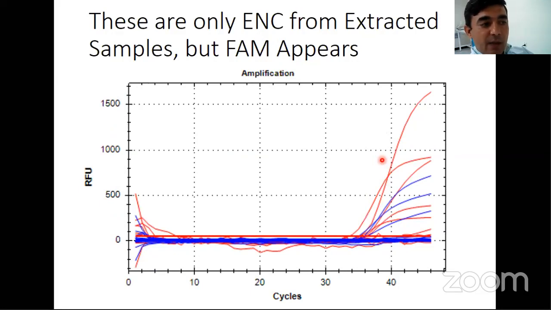Sometimes we only extract the ENC sample, meaning the extraction control is extracted, and that particular viral sequence was not extracted during the PCR process, and still the breakage is appearing.